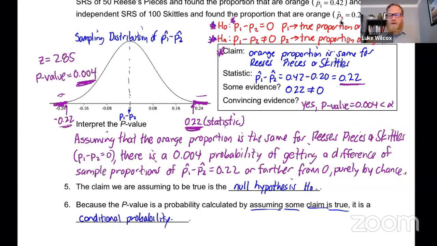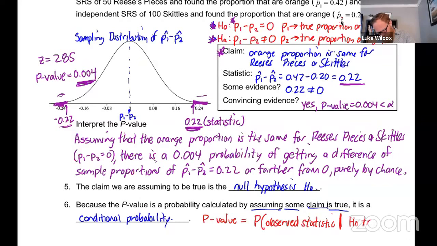Now, let me show you another way of thinking about the p-value as a conditional probability. We could think of the p-value as being a probability, so I'll use capital P here. And what it is, it's the probability of getting the observed statistic, right, or more extreme, given that the null hypothesis is true.